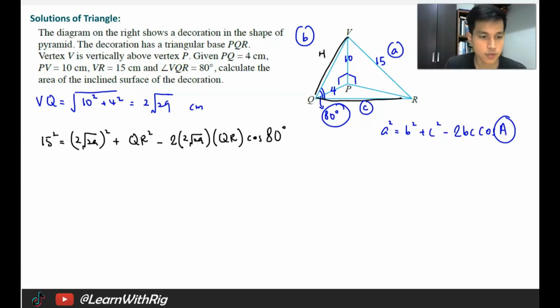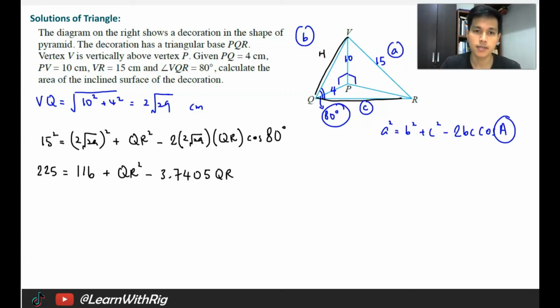Okay, so you rewrite this, you can expand, right? 225 equals to 116 plus QR square minus 3.7405 QR. Now I try to use as many decimals as possible so that I get closer to the actual answer.